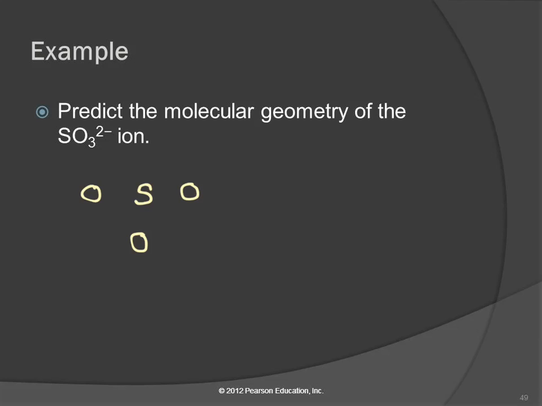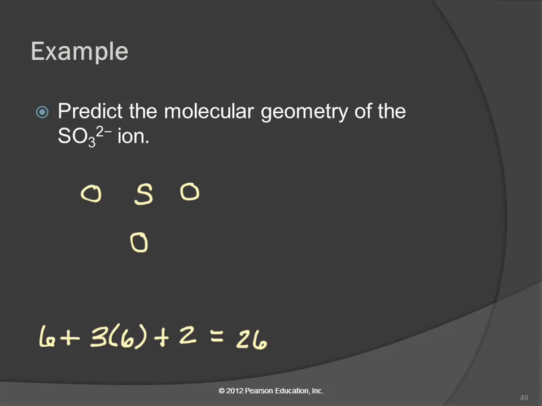How many valence electrons for sulfur? 6. And how many for oxygen? 6. There's 3 oxygens, so it's 3 times 6. What do I do with that 2- charge? I have to add 2, because that means that this ion has 2 extra electrons. So I've got 26 electrons.